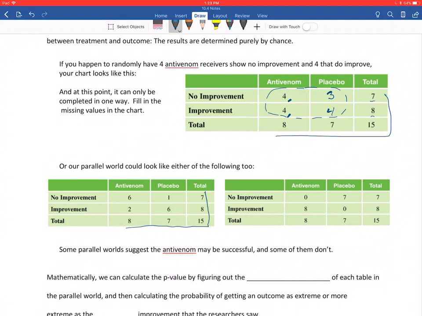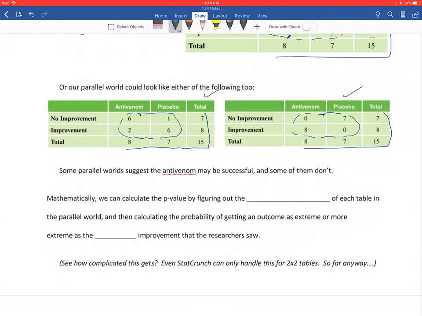We could keep the totals the same and rearrange the numbers this way and make it work, or this way and make it work. If it is truly completely by chance, then any of these is equally likely. Some of these parallel worlds would suggest that the antivenom is successful and some wouldn't.